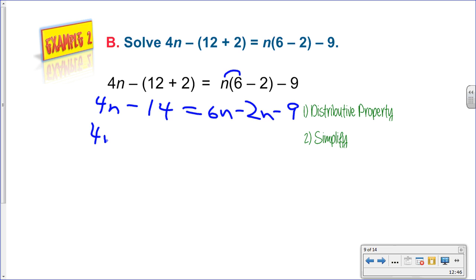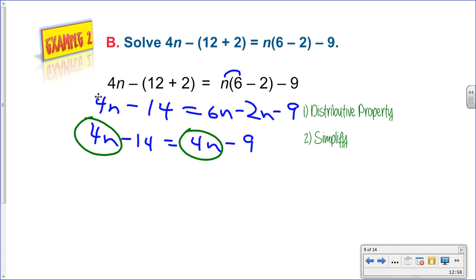Combine like terms. Okay, what are my like terms here? 4n and 4n. How do I get them together? I have to do the inverse operation, right? Where did you get 14? 12 plus 2.